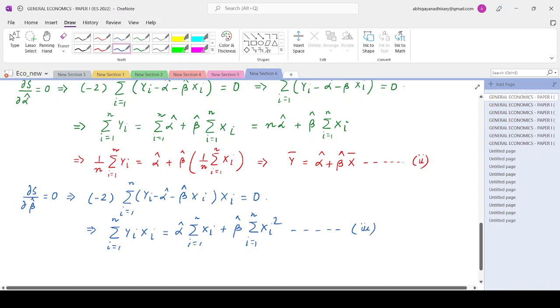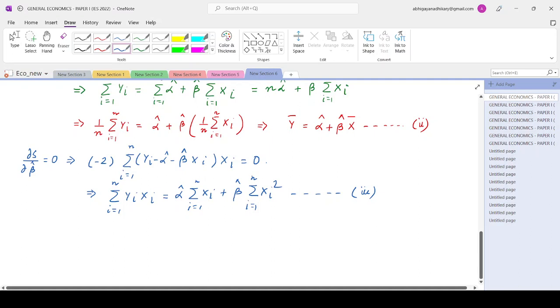So now you can see we have two equations which are linear in alpha hat and beta hat, and we have two unknowns, which are alpha hat and beta hat. So we can solve them out. Two equations, two unknowns can be easily solvable. So I'm just rewriting.